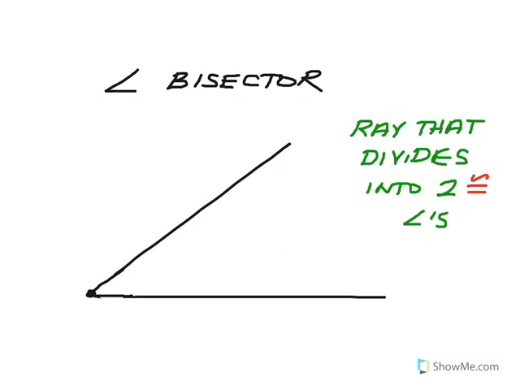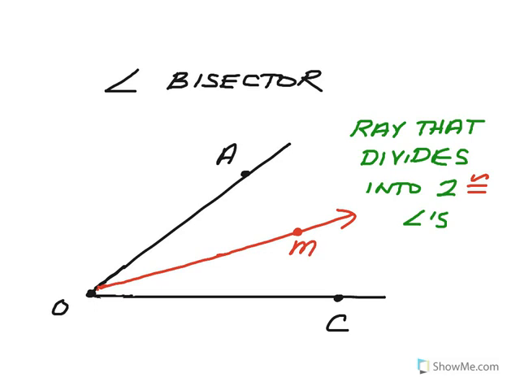Next and last, we have an angle bisector. The definition of an angle bisector is a ray that comes out of the vertex. I've redrawn it. That red ray bisects angle AOC. Let's put a point M on that so we can name it. That ray is what we call an angle bisector.